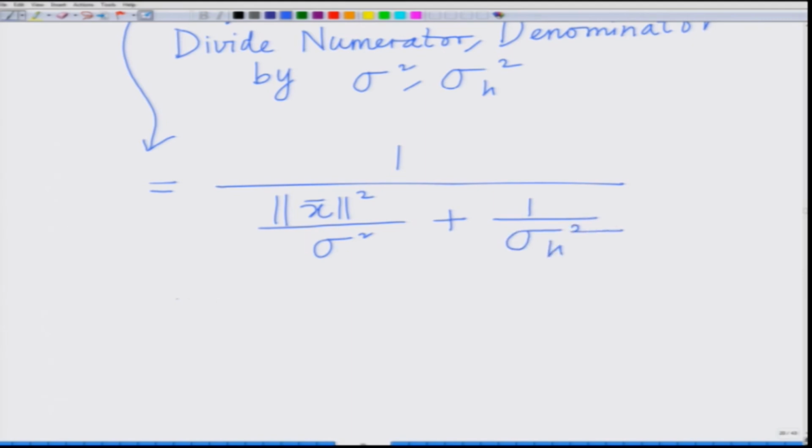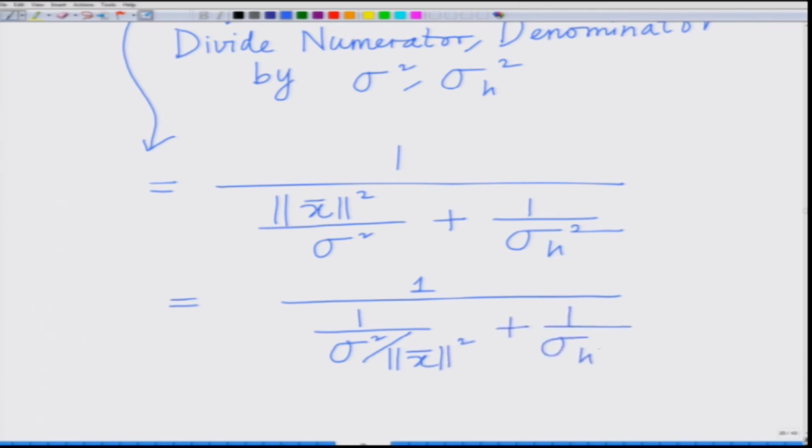You can verify this, and now I am just going to rewrite this as follows. I am going to bring the sigma square to the denominator, and that can be written as 1 over, and interestingly this can be written as 1 over sigma square divided by norm x bar square plus 1 over sigma h square.